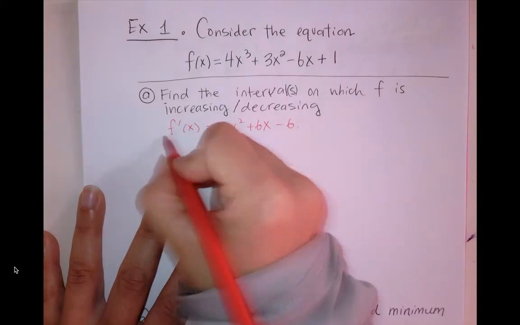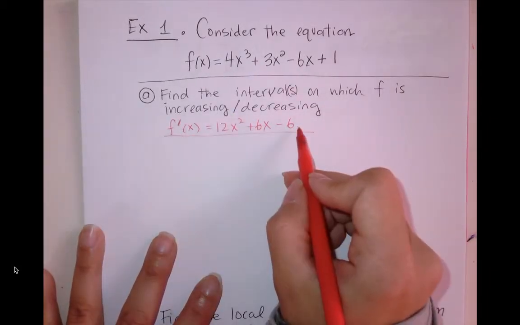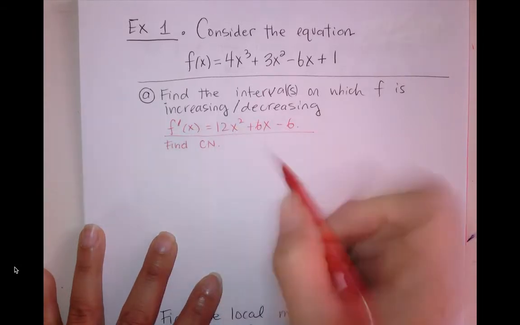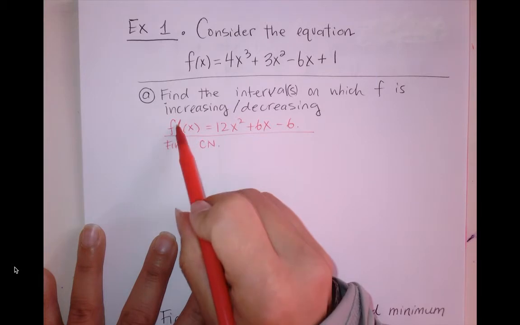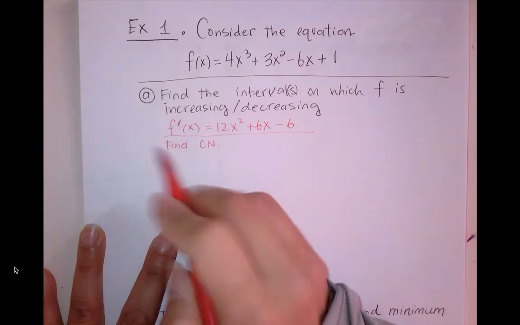What I want to do is find the critical numbers of this function, because I know that the critical numbers are the only values at which f prime could change sign from positive to negative or negative to positive.